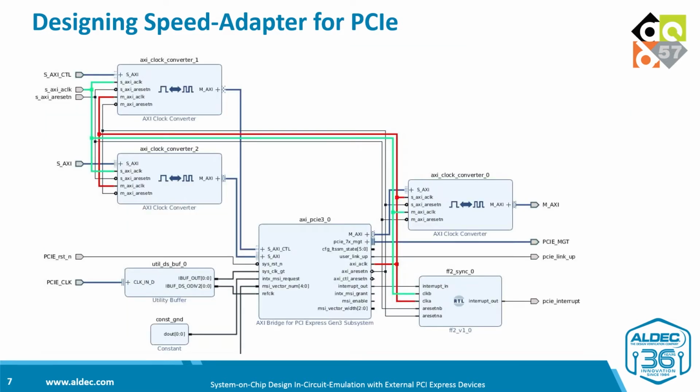The next block diagram shows what needs to be done to turn the AXI bridge IP into the PCIe speed adapter. We need 3 AXI clock converters connected to each AXI port of this bridge IP.